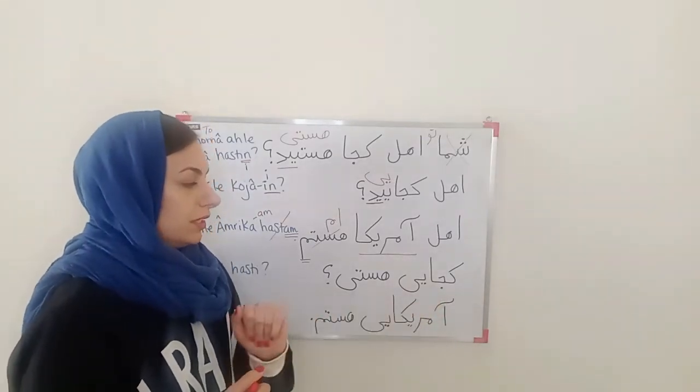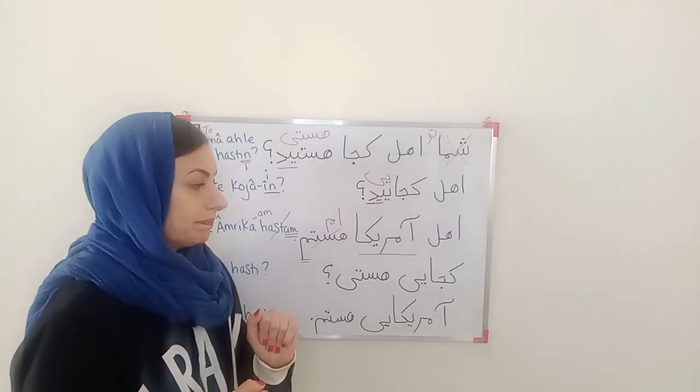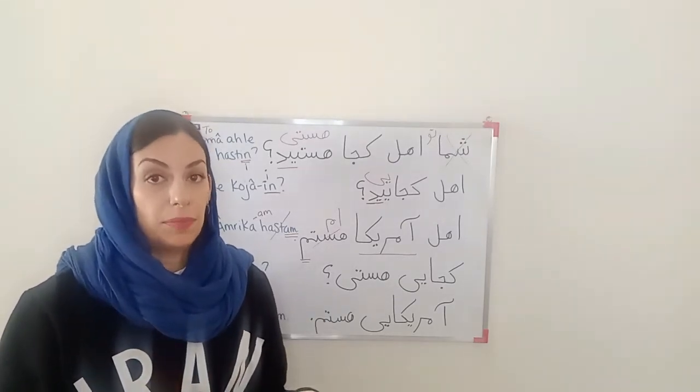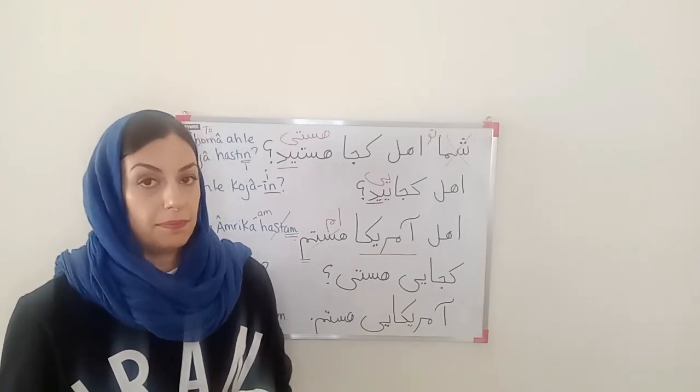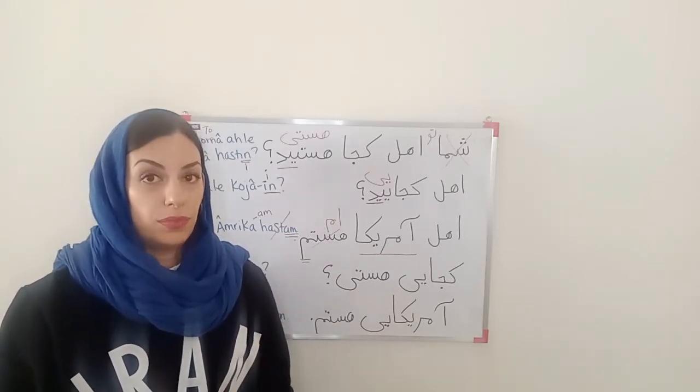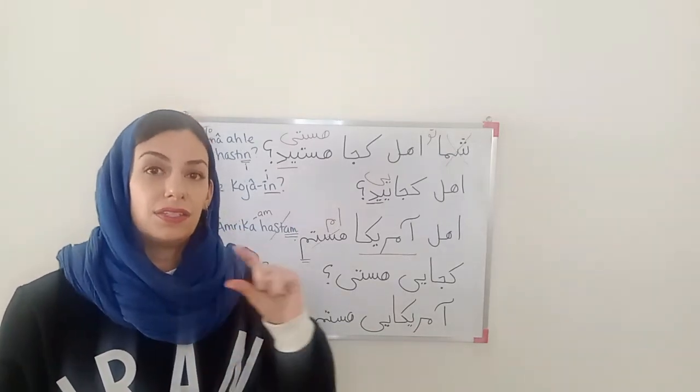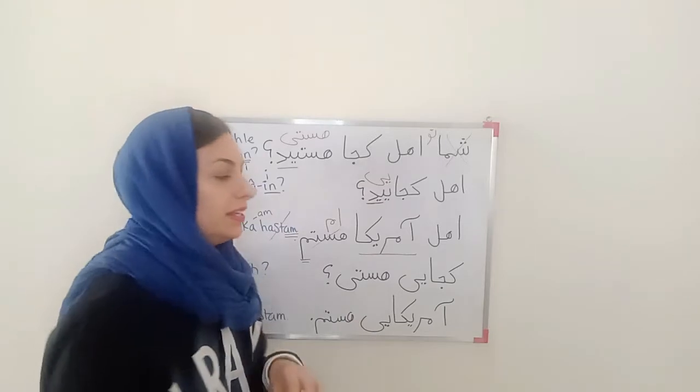So you could answer, من آلمانی هستم. اهل آلمانم، آلمانی هستم. اهل ژاپنم، ژاپنی هستم. So just by adding the E to the country, you get the nationality.